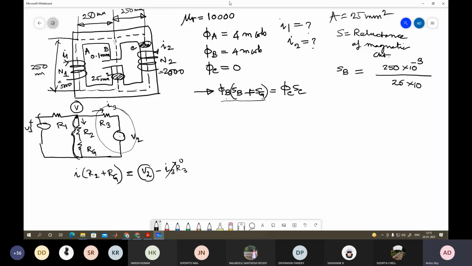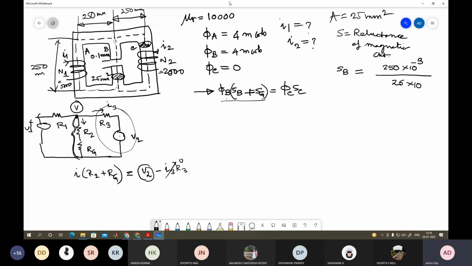So that is why we take I2 into N2 equal to this MMF, and that should nullify the effect of this flux MMF. So it will have an opposite direction, the direction of the current in such a way that it should oppose the MMF produced in this path. So if it is in this way, current will be in such a way that it will be going up. If it is downward, then it should go up.